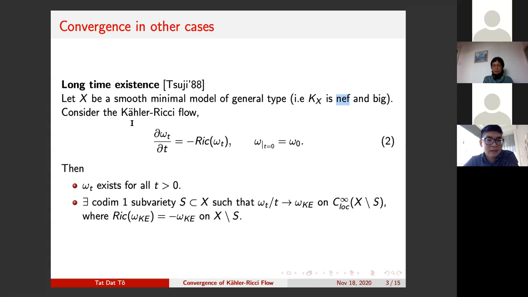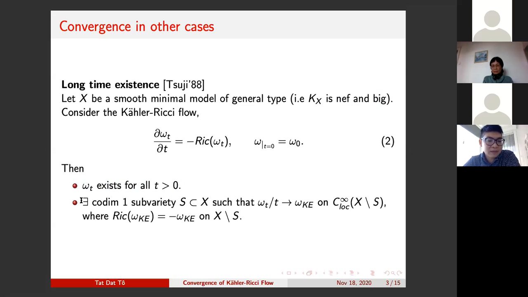And then Tsuji considers the Kähler-Ricci flow like this, starting from a Kähler metric. And then he shows that the metric exists for all time t, which is already well known because, as I said, the time of existence is infinite if and only if Kx is nef.